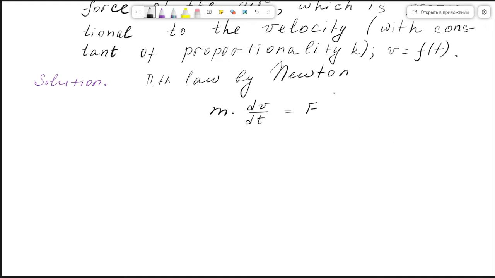And F is the force acting on the body in the direction of motion.